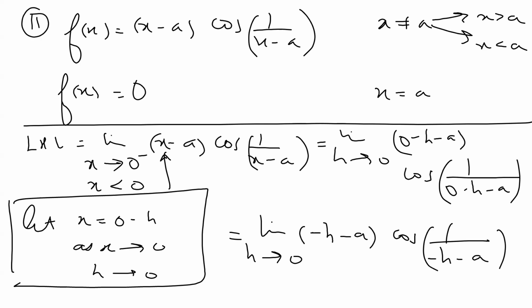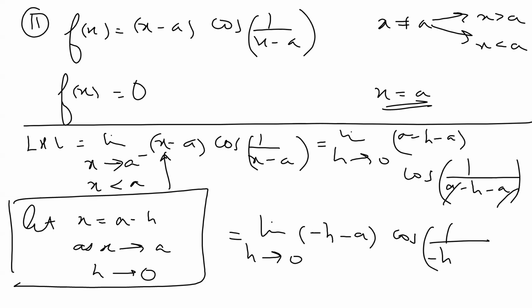Sorry, it's not 0, it's a. The problem is for a. I wrote 0 over here. So x approaches a, h approaches 0. So this is a minus h, a minus h, so a gone, 1 upon minus h.